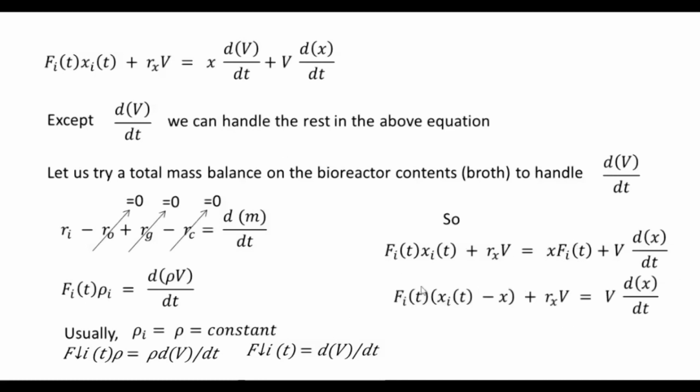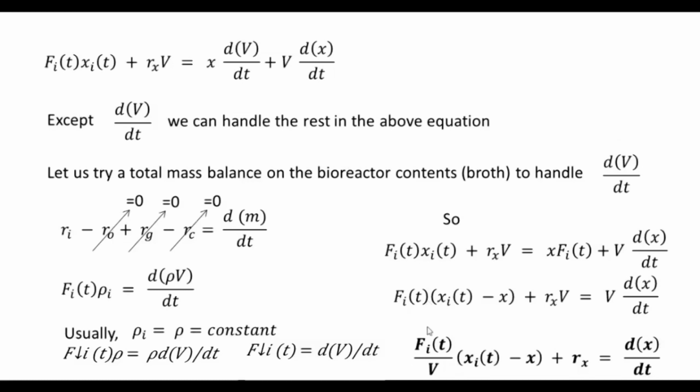Therefore, combining the like terms together, Fi(t) into (Xi(t) minus x), we have brought this to the other side, plus Rx V equals V dx/dt. All terms are known here. We can take things forward. So this is the final expression here, dividing it by the volume: Fi(t)/V times (Xi(t) minus x) plus Rx equals dx/dt.